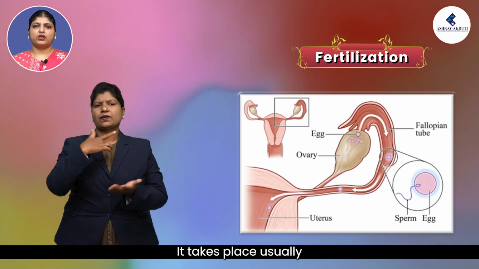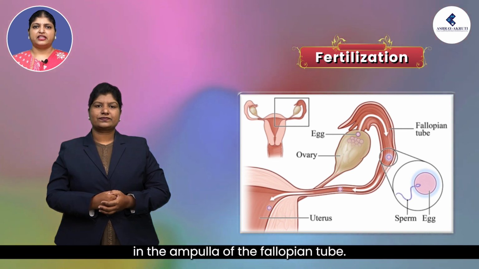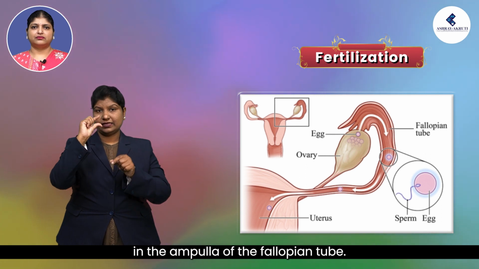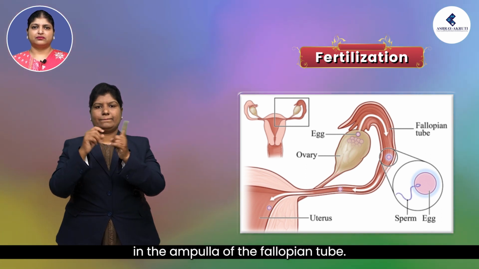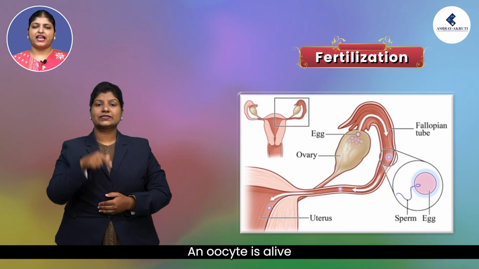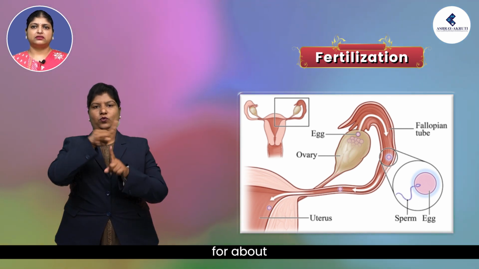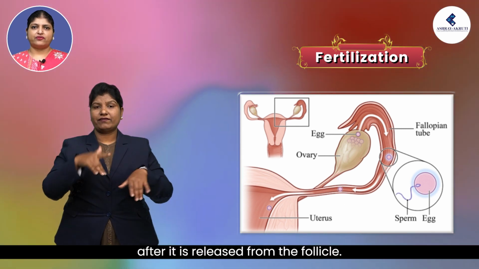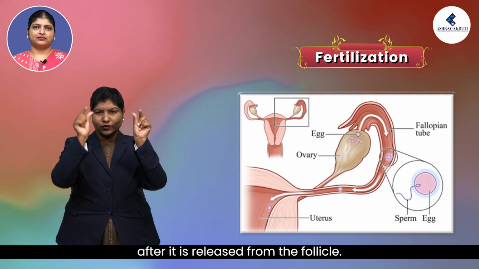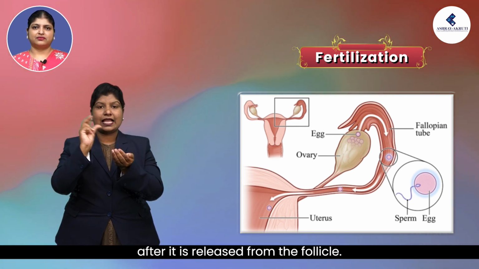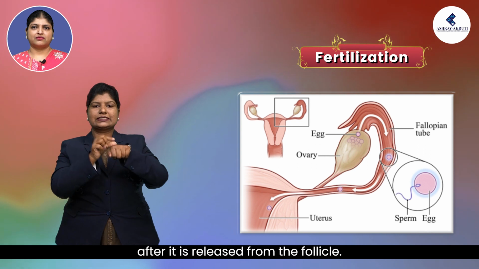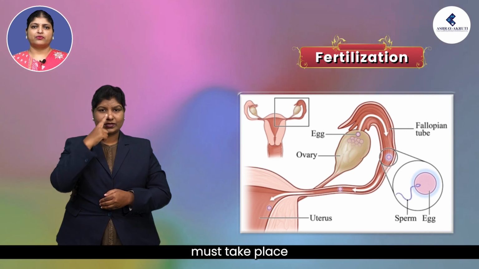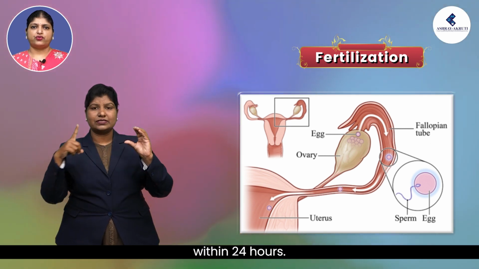It takes place usually in the ampulla of the fallopian tube and oocyte is alive for about 24 hours after it is released from the follicle. Fertilization must take place within 24 hours.